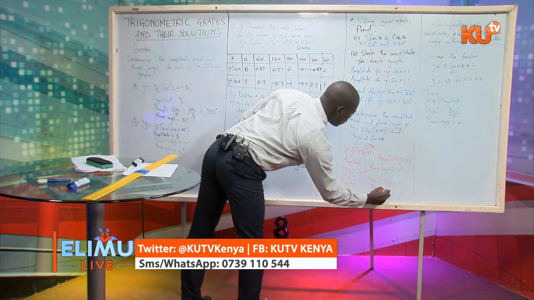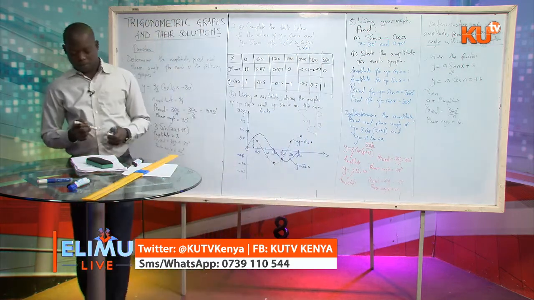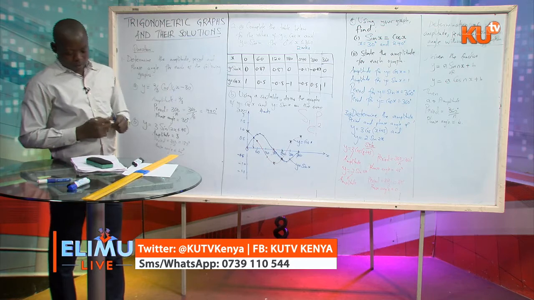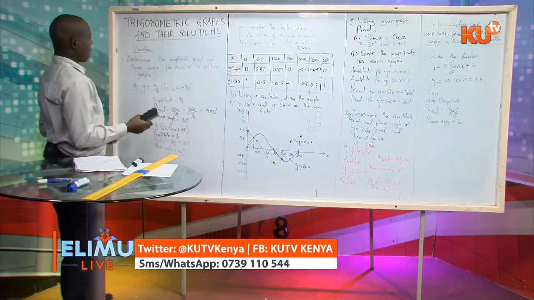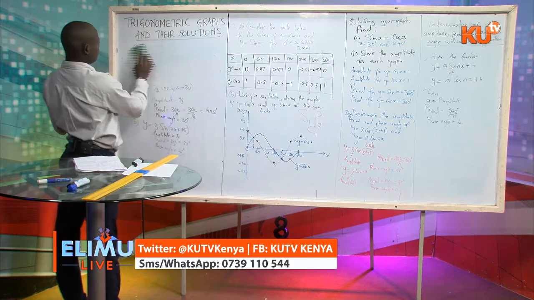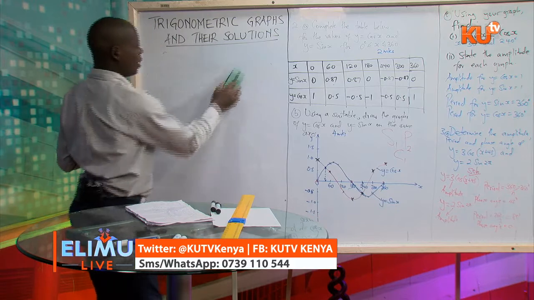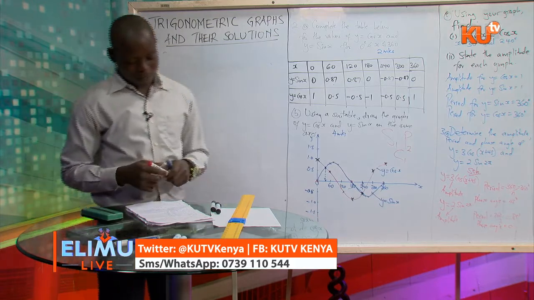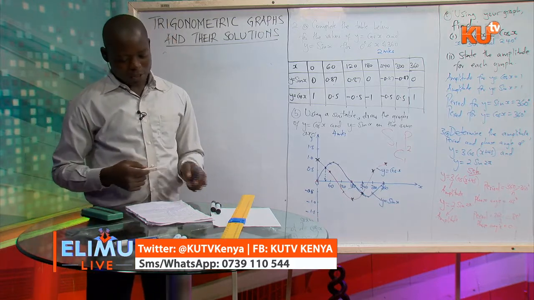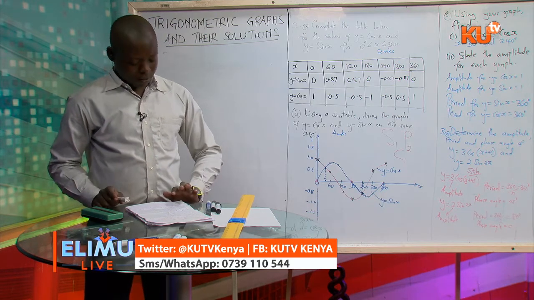The phase angle is 0. So that is what we have to understand when we are solving trigonometric ratio graphs.